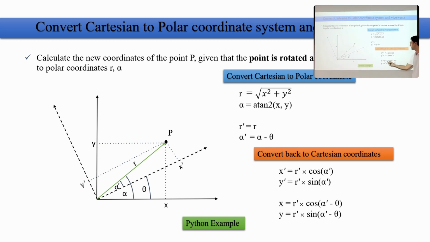Then we get the cosine and multiply by the new distance that we have here. So this gives us x, and for y it is the same thing, just the difference is that instead of cosine, we use sine. So here we demonstrated how we can convert first from Cartesian to polar, then how to rotate it, then how we can convert it back, to calculate and show the amount of rotation that we have.